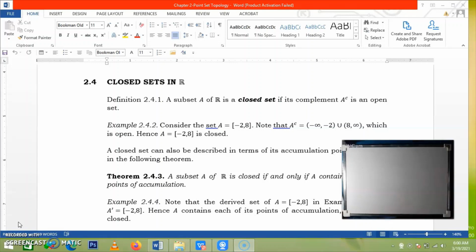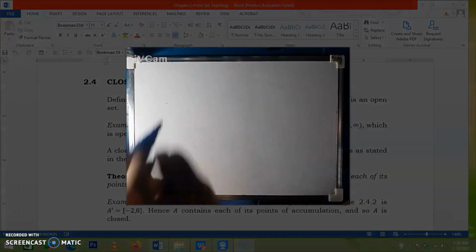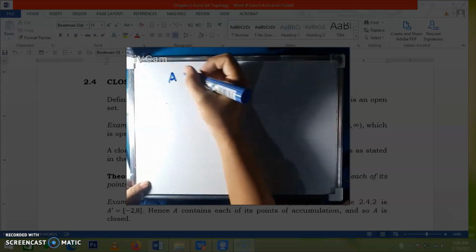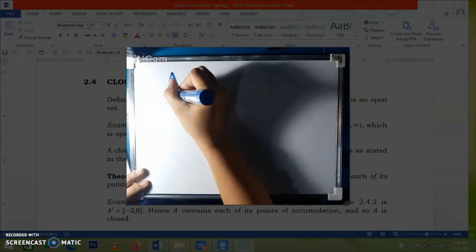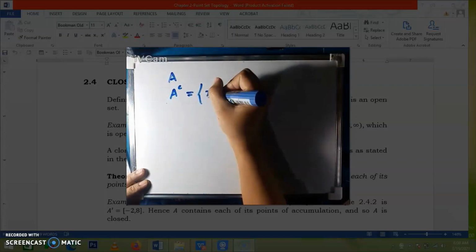Now, we let A be any given set. Then the complement of A is equal to this set.